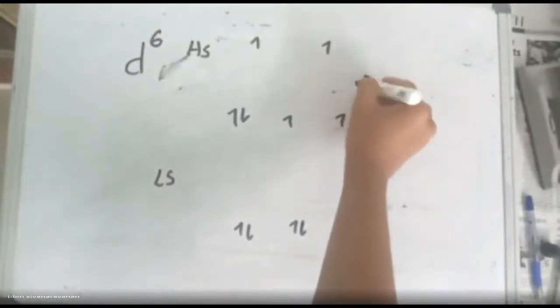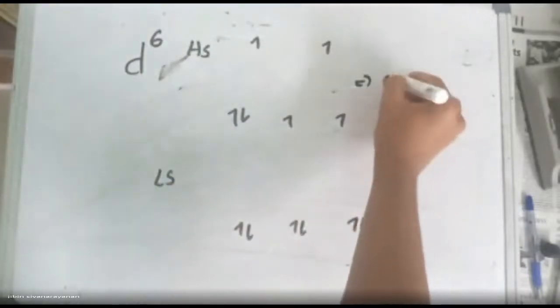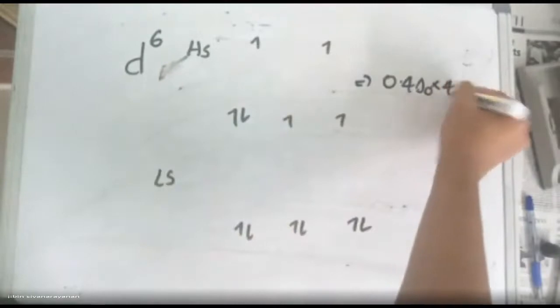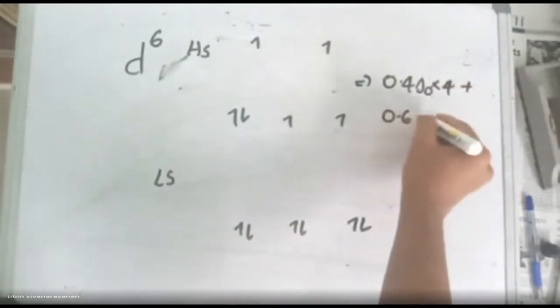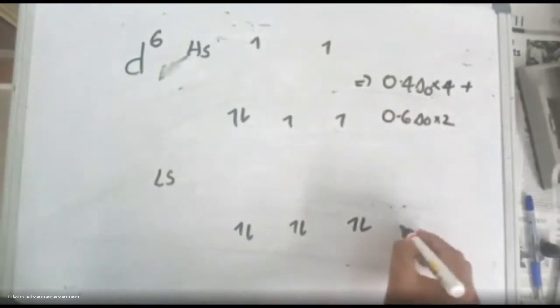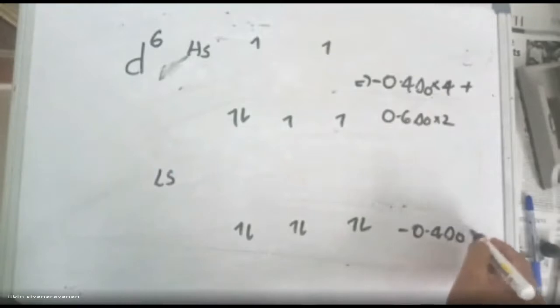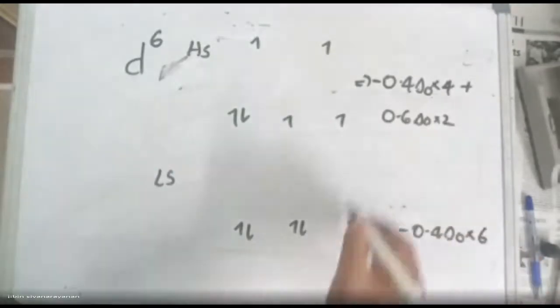So while calculating the crystal field stabilization energy here, it is 0.4 delta O into 4 plus 0.6 delta O into 2, so there will be a value. Here it is minus 0.4 delta O into 6. What is the answer?